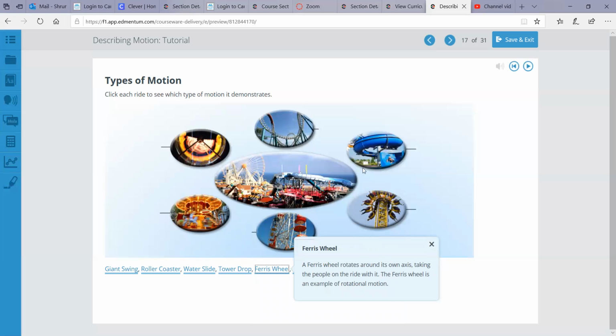The Ferris wheel, another iconic amusement park ride. It rotates around this axis here. So that's all rotational motion. And the same thing with the carousel. It's like the Ferris wheel, but on its side. Carousel or merry-go-round rotates on an axis.